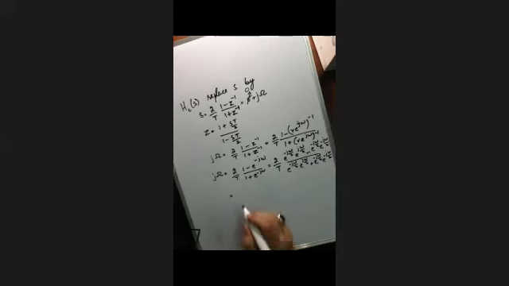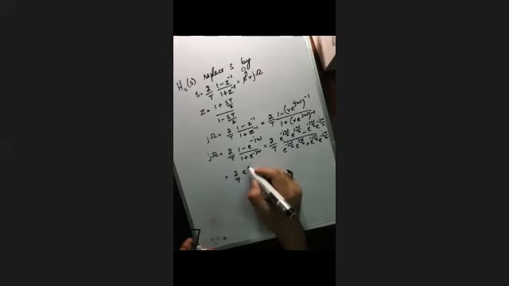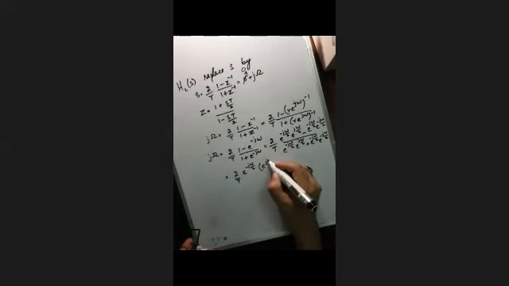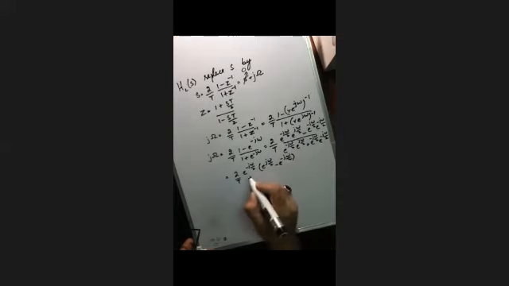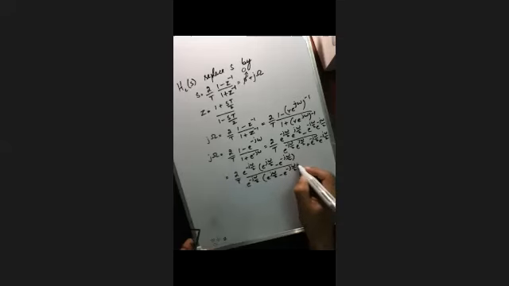Thereby, it can also be written as 2 over T, and e raised to the power minus j omega over 2 can be taken out as common. e raised to the power j omega over 2 minus e raised to the power minus j omega over 2, over e raised to the power minus j omega over 2 can also be taken out here, e raised to the power j omega over 2 plus e raised to the power minus j omega over 2, since there is a plus sign as well.